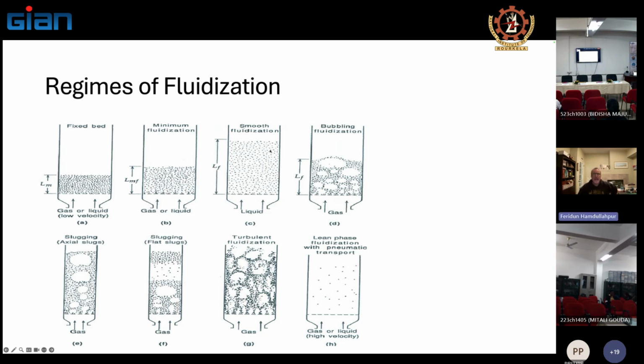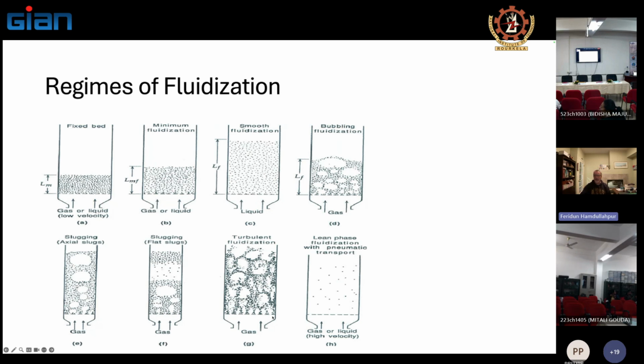But if you want to have this incipient smooth fluidization, this is only possible if you have liquid as the transport medium. And bubbling, we explained this with gas, slugging, gas. So lean phase fluidization with pneumatic transport will happen.